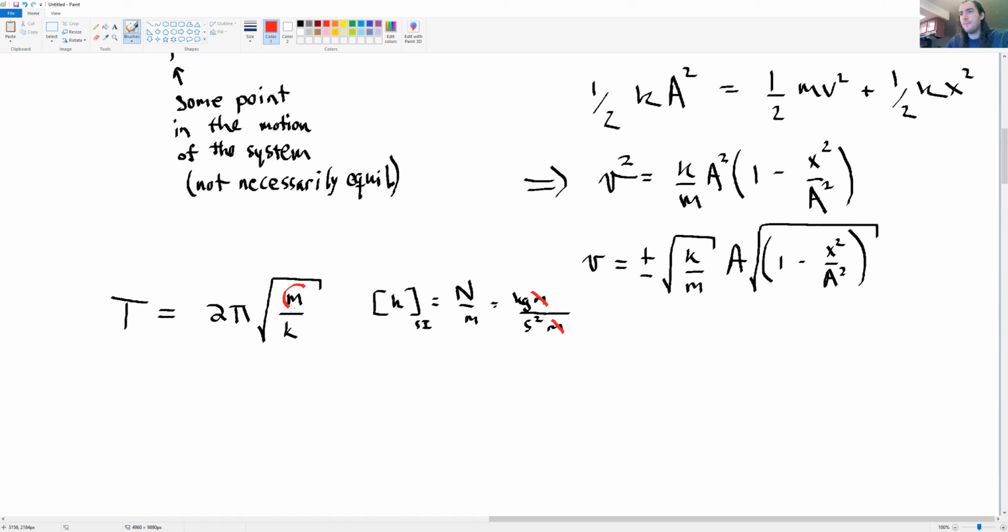And then here there's a mass, right? So the kilograms for the mass is going to cancel with the kilograms there. And we're going to end up dividing by 1 over second squared. That's going to flip up and multiply, right? And we're going to take the square root of it and we're going to get seconds. So this thing has units of seconds, as it should, right?